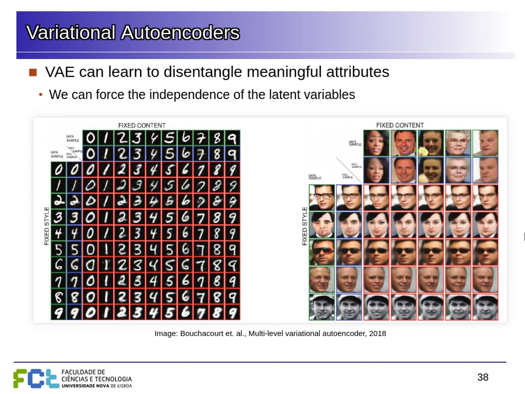And what we can see is that one of them is fixing the content, so the actual number that appears, and the other one, the style. So we can see all the combinations, but they are independent, and we can have, for example, numbers represented with this thick line, or this very thin line, or this intermediate line, or we have the same number represented in different styles, depending on which neuron we are changing.